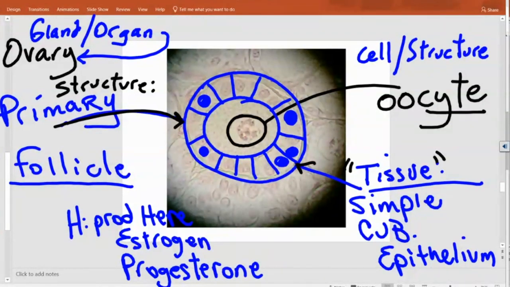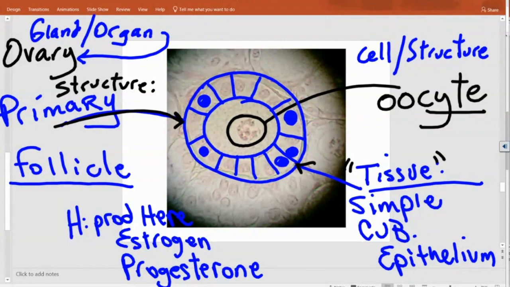We are actually going to do 2 more ovary pictures, okay? 2 more ovary pictures. The next picture that I do of the ovary with you will not just have primary follicles, but it will have follicles that have a smaller epithelium, not bigger, smaller.